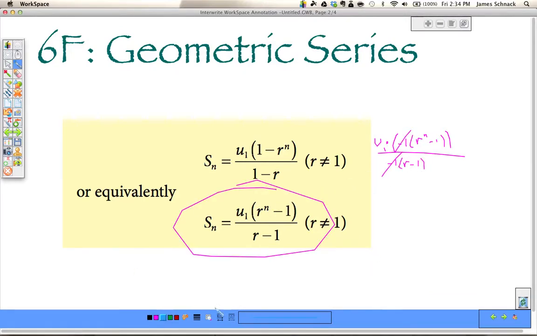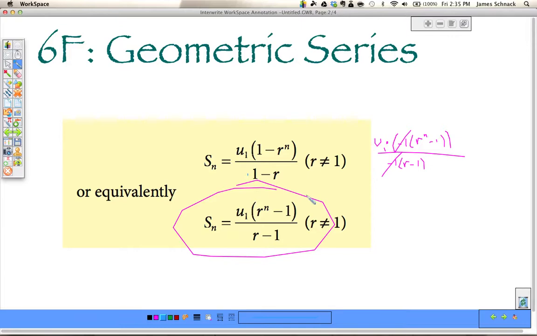Now, why do we have two forms that are so very close to being the same? Well, some people like one over the other. Others will notice that if r is negative, the first one is nicer because it's 1 minus negative r, so we're dividing by a positive number. If r is positive, then r minus 1 will be a positive number.